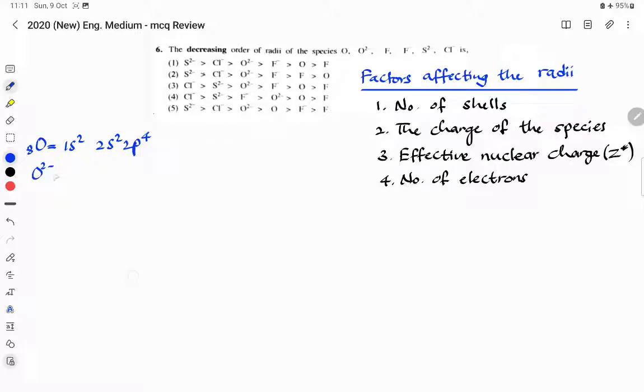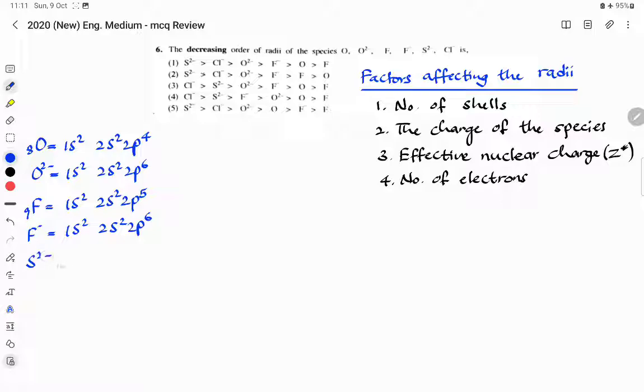O2 minus will be 1s2, 2s2, 2p6. Fluorine is 9, 1s2, 2s2, 2p5. F minus, 1s2, 2s2, 2p6.